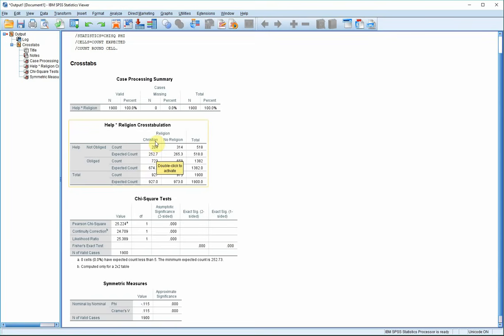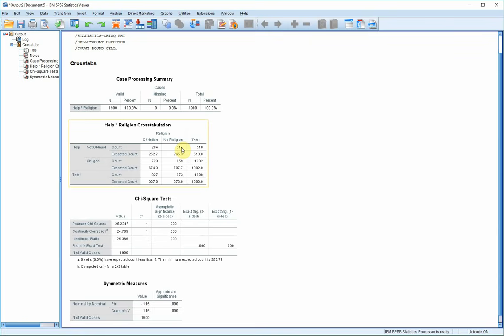That is, if there were no association between the two variables. In that case, we would expect to see that 253 Christians would state that they were not obliged to help the person in need, and 265 atheists would say the same thing. As you can see, the expected count differs from the actual count, which is what we'd expect to see if the two variables were indeed associated with each other.